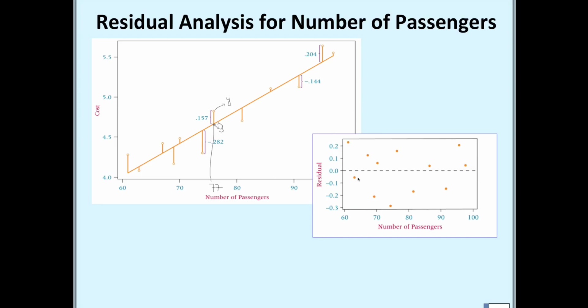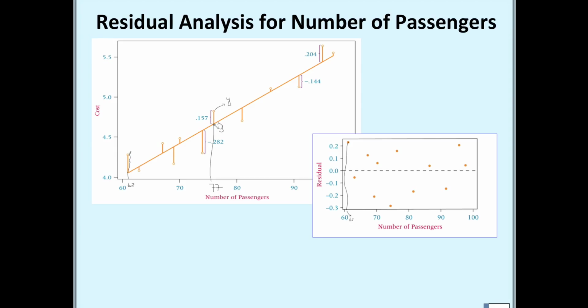So one thing you can do is to draw residual on x variables. For instance, here our observation is 62, and this is our positive residual. At 62, my residual was whatever it is here.